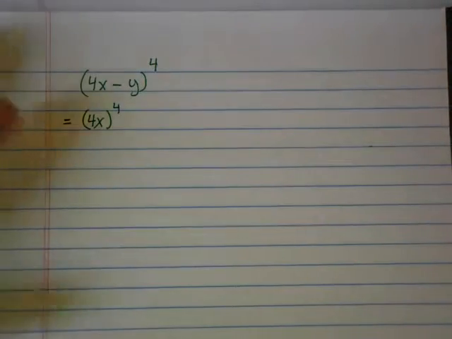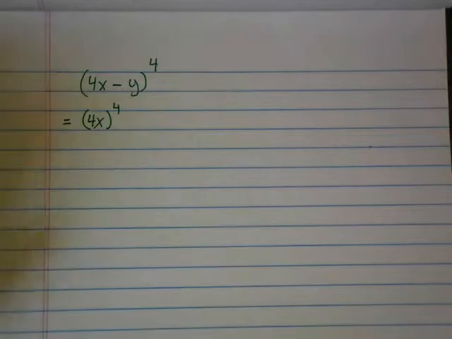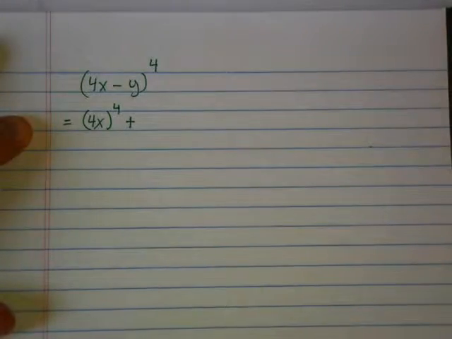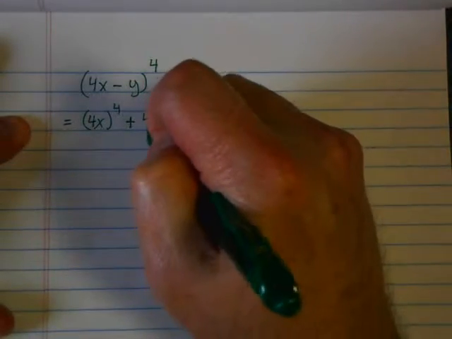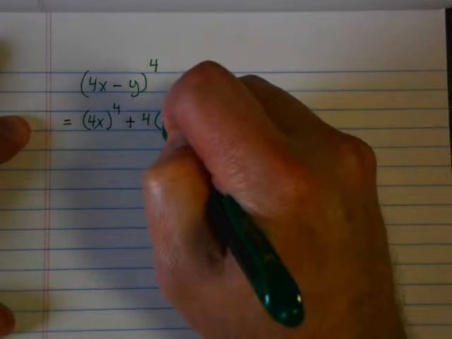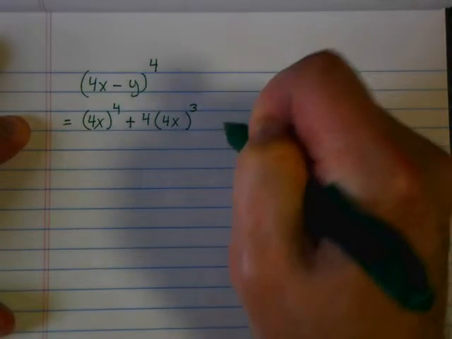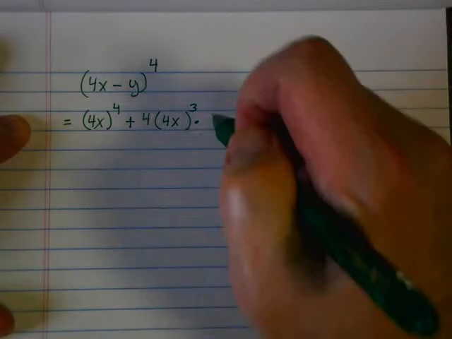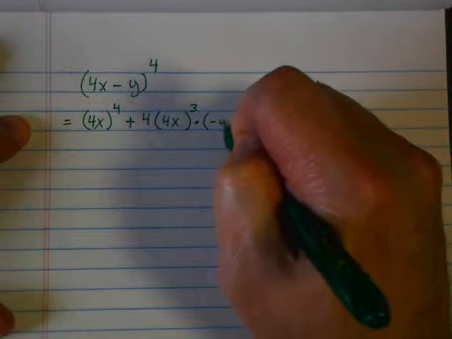Okay, so I would take this 4x, and I would raise it to the 4th power. That would be my first term. Plus 4 times 4x cubed times negative y. That's right, since this is a minus, we're going to need minuses here. So it's times minus y.